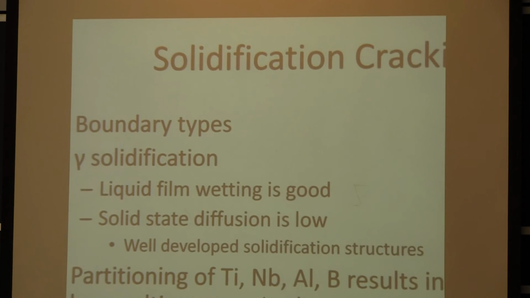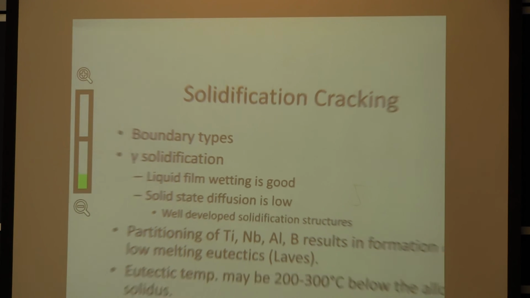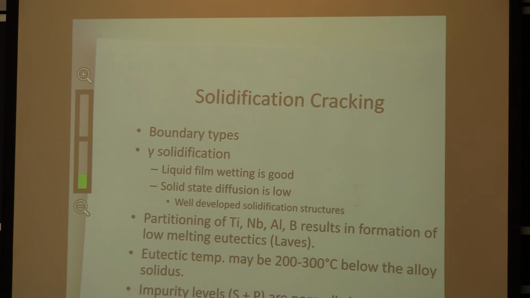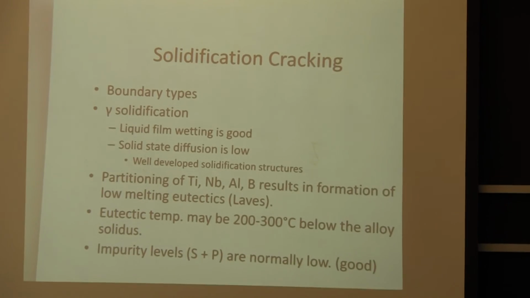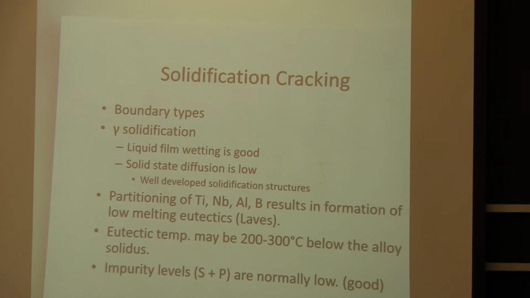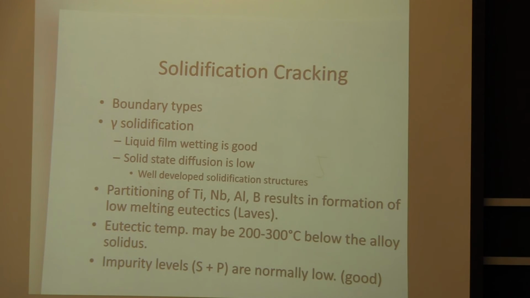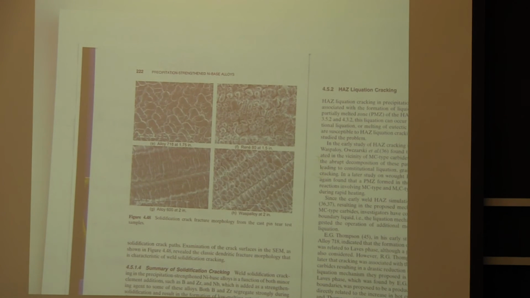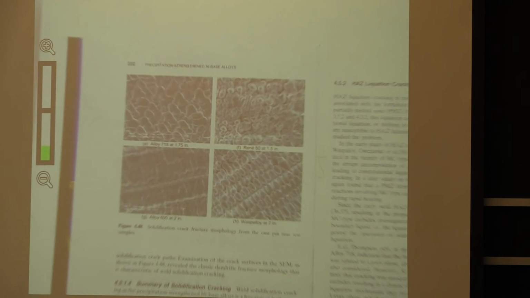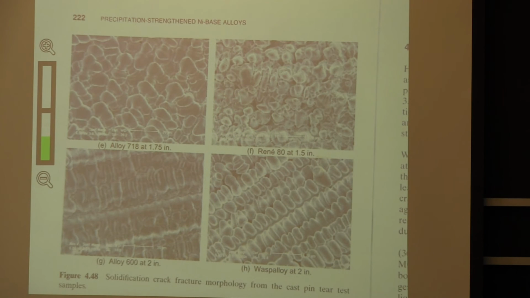So back to this slide. With gamma or with austenitic solidification, the liquid film wetting is good, and so what you get, and I wanted to show you a picture of this too, actually. These are some actual fracture surfaces of some solidification cracks in nickel-based alloys.